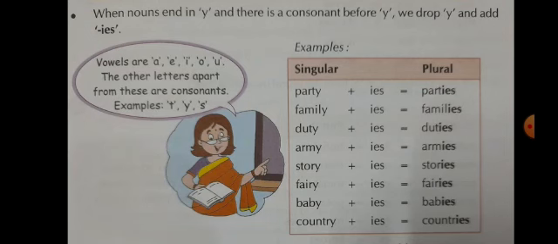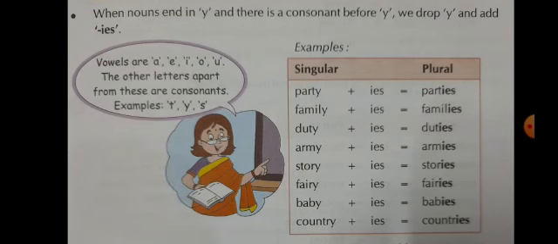Y is there in the last of party and before that there is t sound, which is a consonant sound. That is why we have dropped y from it and we have added ies in the last. There is no y in parties. We have removed y from there and now it has become parties.